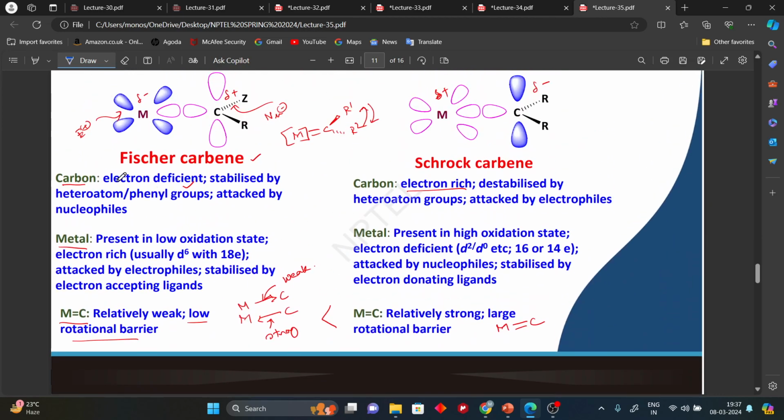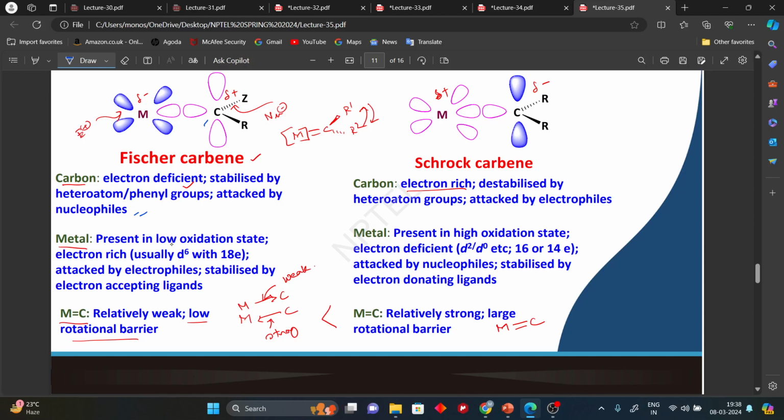Here the electron deficient carbons are stabilized by heteroatom or small nucleophile. Whereas the electron is destabilized by the heteroatom. The stability is less and it is affected by nucleophile.